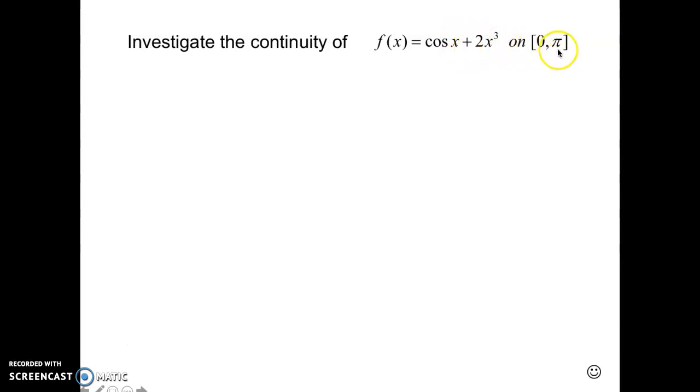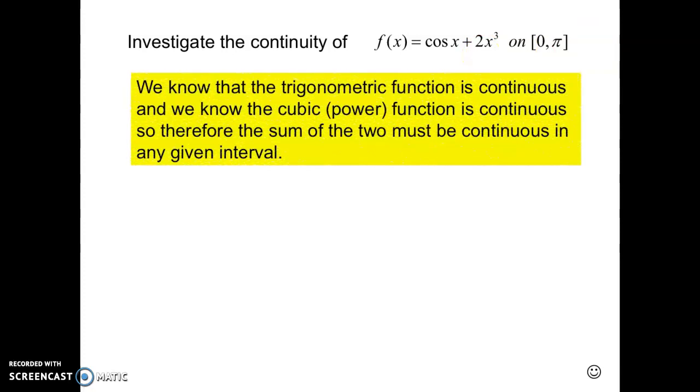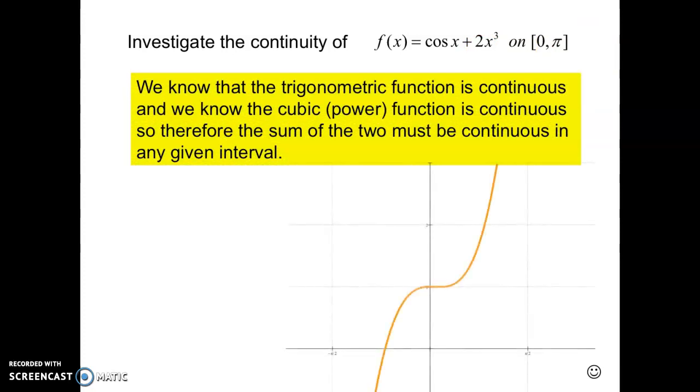It really doesn't even matter what interval we're looking on, although we're looking on the interval from 0 to pi. This function is continuous everywhere, because if we add two continuous functions to each other, we continue to have a continuous function. We know the trigonometric function is continuous, and we know the cubic power function is continuous. So the sum of the two functions must also be continuous on any given interval. And then I graphed it, and I saw this is definitely continuous from 0 to pi.